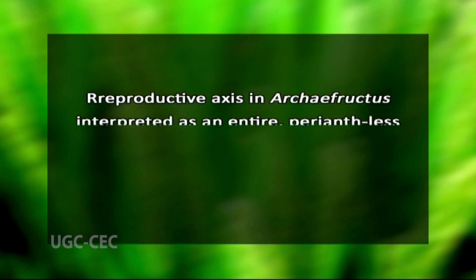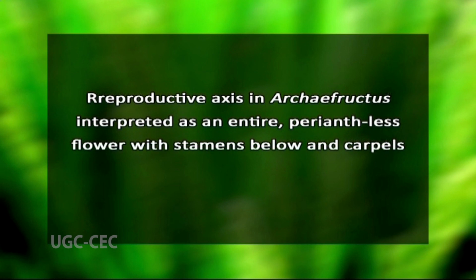The interpretation for the relationships of these structures with the present-day Angiosperms is highly debatable. According to one hypothesis, the reproductive axis that we see in Archaefructus is an entire perianth-less flower with stamens below and carpels above.